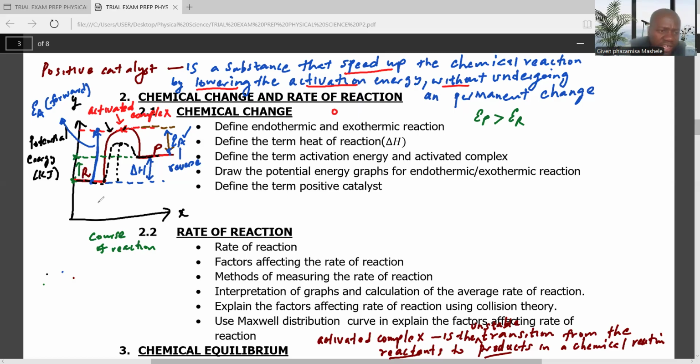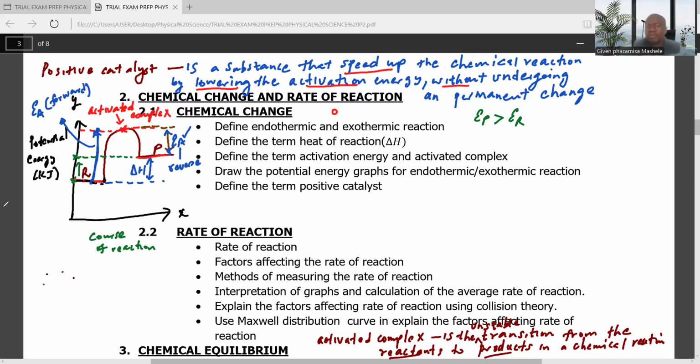So this one is for the catalyzed reaction. A catalyst is a substance that speeds up the reaction by lowering the activation energy without undergoing any permanent change. It means without changing the reactants or the products. So it's very important to know that.